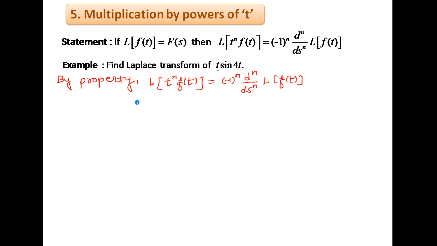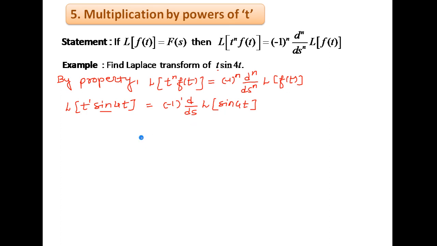So Laplace of t sin 4t will be minus 1 raised to 1, since the power of t is 1, d upon ds, first order derivative, and Laplace of f of t, the function other than t, that is sin 4t.